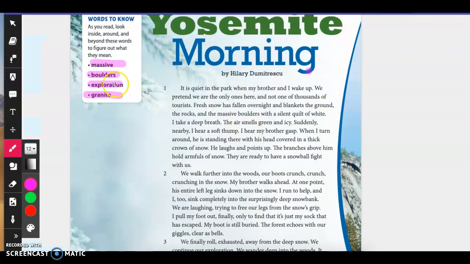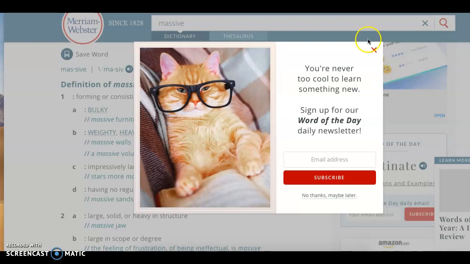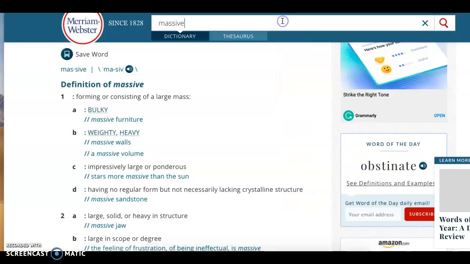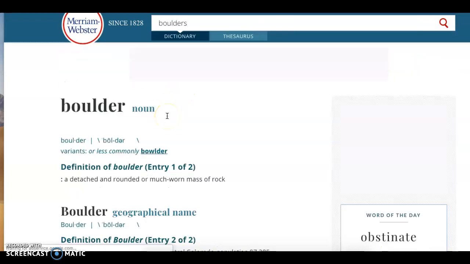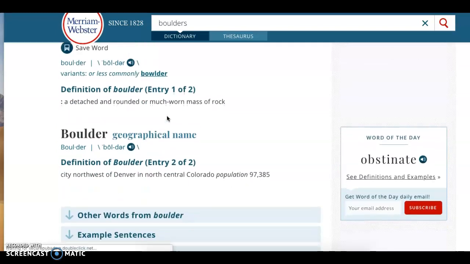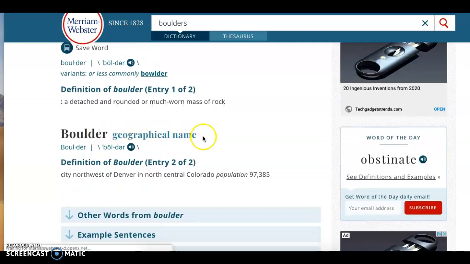So let's take a look at the word boulders. Boulders are round, much worn mass of rock.